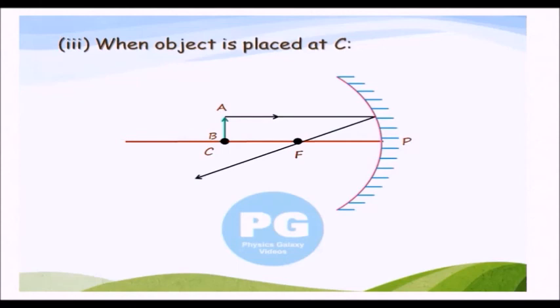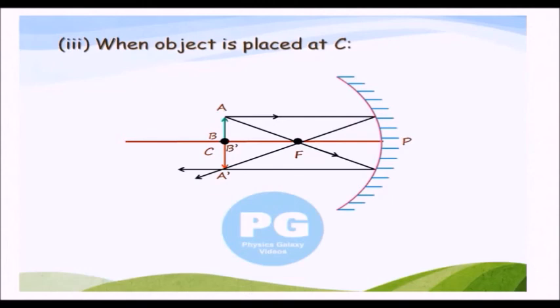Another ray of light we are taking is incident on the mirror, after passing through focus. This will be reflected parallel to the principal axis. The meeting point of 2 reflected rays will give us the image of point A. We term it as A'. Now, we draw a perpendicular A'B' to the principal axis of the mirror. This is our required image.